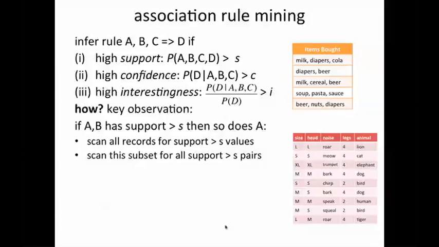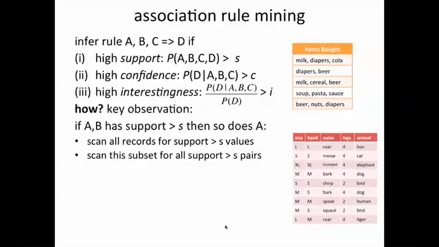Then we scan only this subset of data, throw away all the other data, and look for pairs that have high support. So remember, we've thrown away a lot of data in the very first step. All those records where none of the high support features occur can simply be discarded because they can never contain pairs or triplets which have high support.